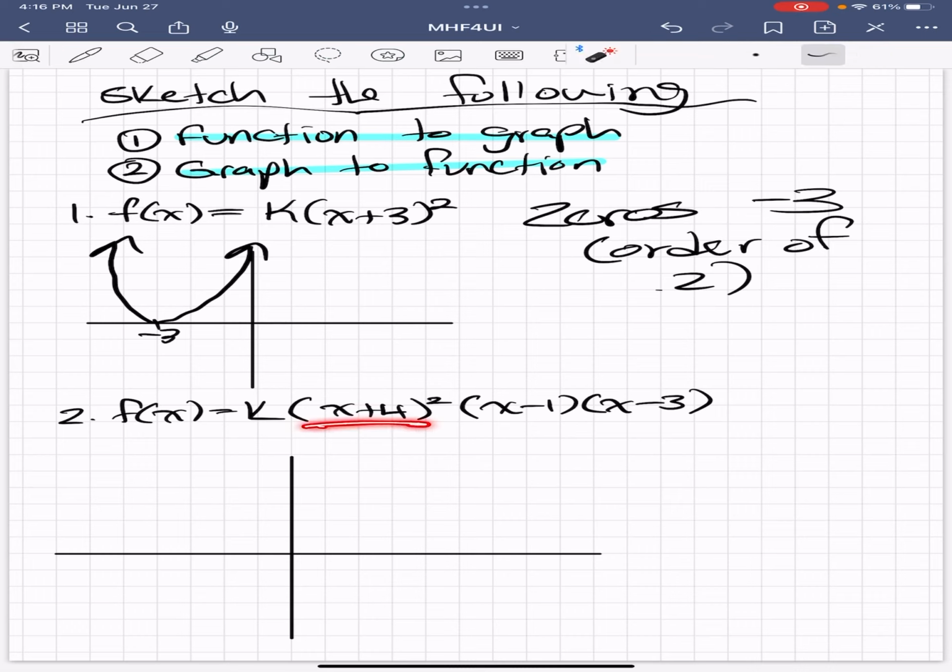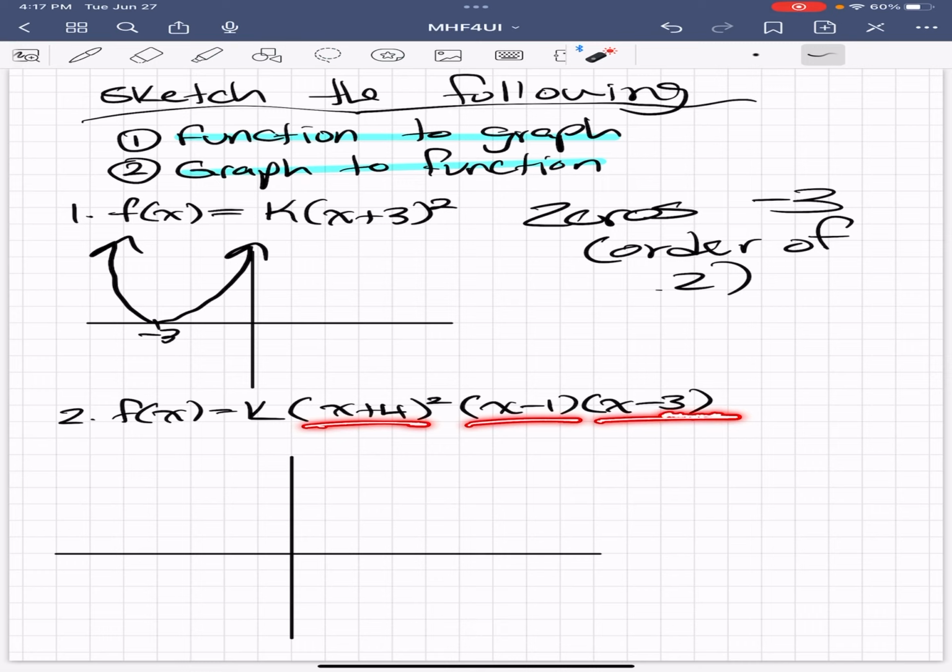So we have -4, +1, and +3. -4 is order of 2, so a portion of it will bounce off the axis, looking similar to a quadratic function. But it's a quartic function.